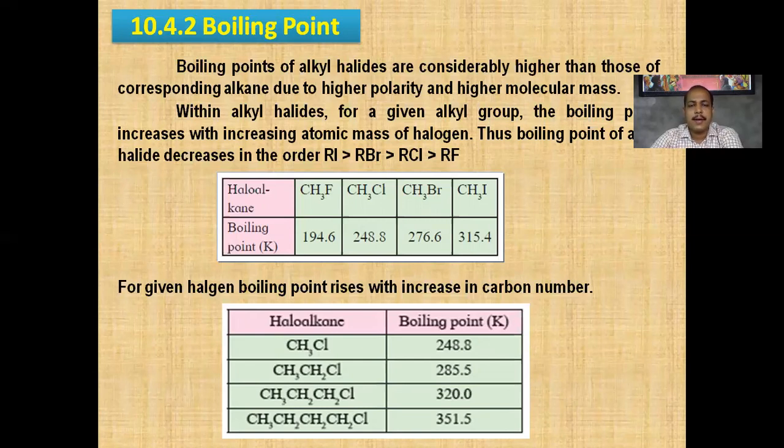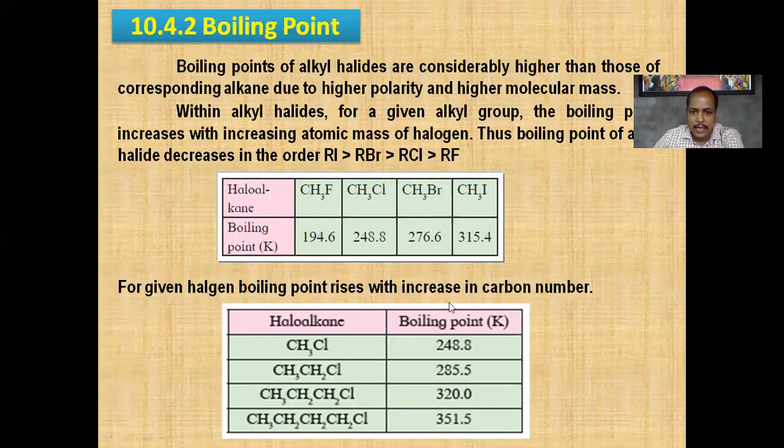You can clearly observe here: methyl fluoride 194.6 Kelvin, methyl chloride 248.8 Kelvin, methyl bromide 276.6 Kelvin, while methyl iodide 315.4 Kelvin. So as atomic mass of halogen increases, boiling point also increases.